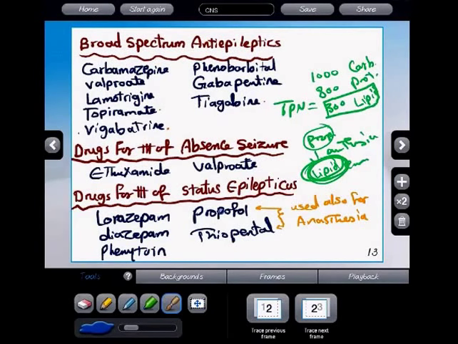TPN is total parenteral nutrition, which is when after any surgery or anything, the doctor doesn't let the patient eat, but begins to give him intravenous infusion. This intravenous infusion contains many nutrients for his body. We call this TPN, or total parenteral nutrition.